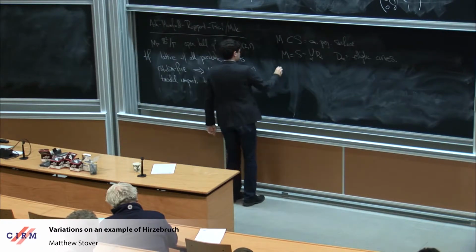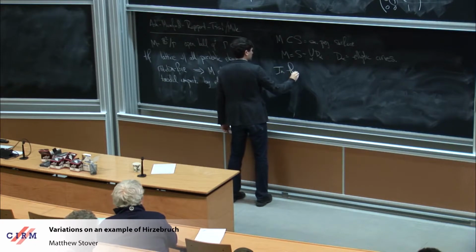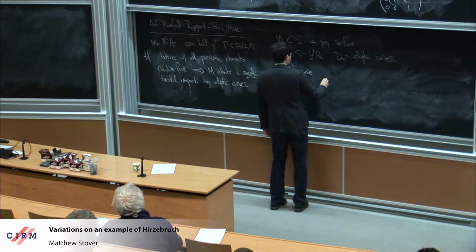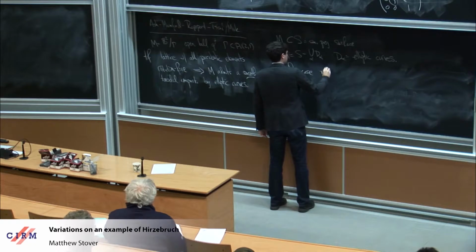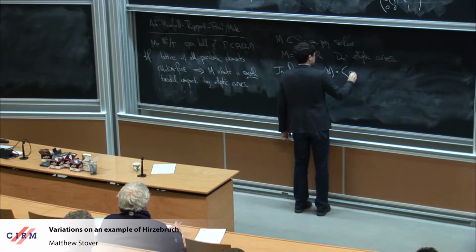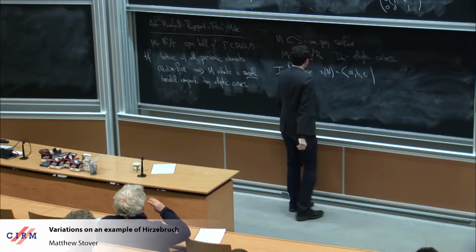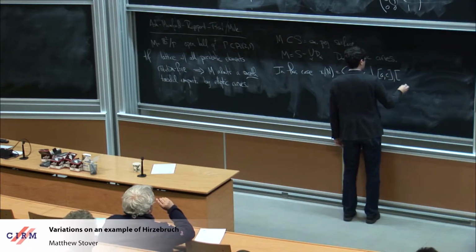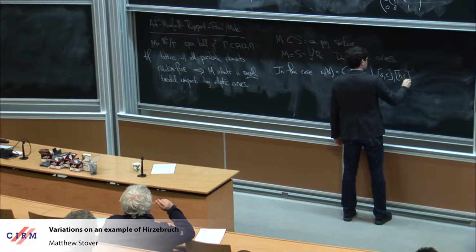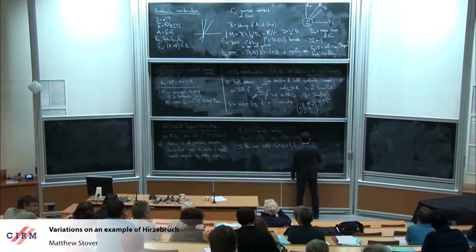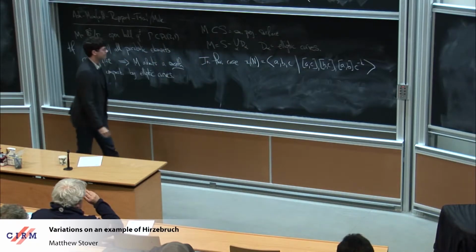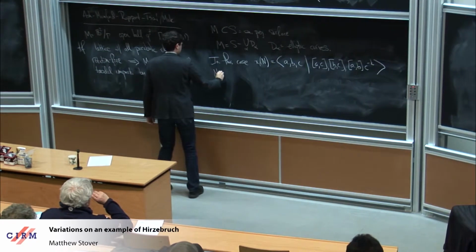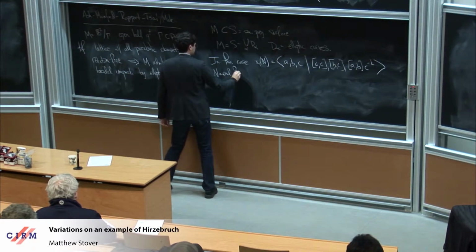Moreover, in this case, pi 1 of this N has a presentation of the form B commutes with C, and the commutator of A and B is C to the minus K. So N is the N for some D alpha.